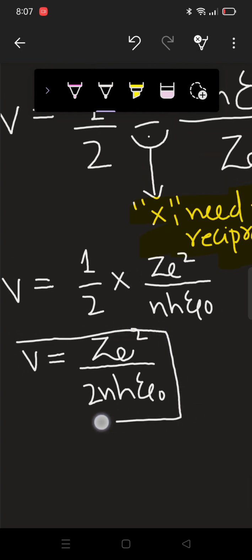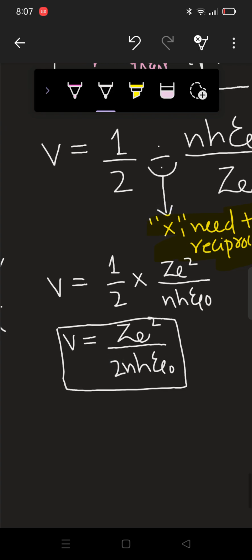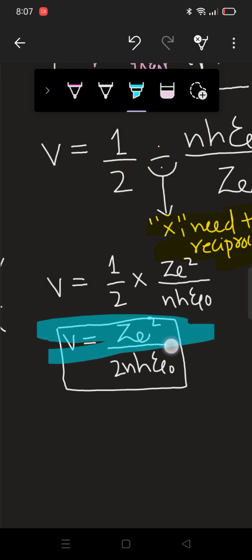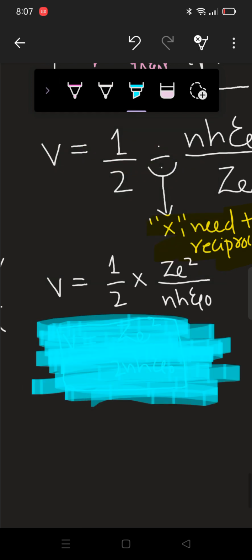Now this is the formula for finding the velocity. Of course, now that I have made you understand the derivation of this formula, I am going to tell you the shortcut of this too, as I told you the shortcut of finding the radius, which was 0.53 into n square by z Angstrom. Here I am going to tell you the shortcut as well. But this is the actual formula of finding the velocity.